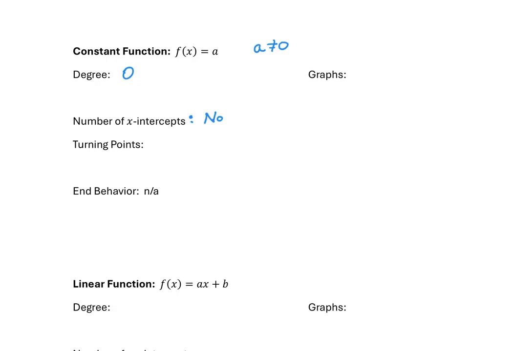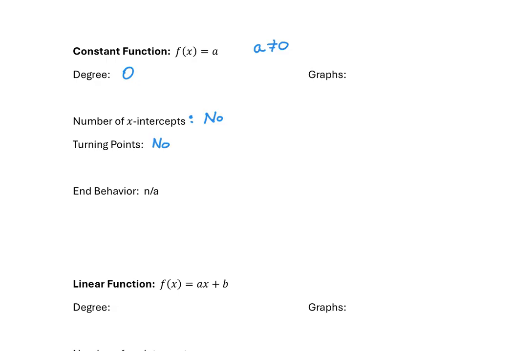It is a flat line, which means that it's not increasing or decreasing, and so you can't have it be both. So there are no turning points. We are not going to talk about end behavior for this one. This is the only one that we don't talk about end behavior for because it is a flat line. We're never increasing and we're never decreasing.